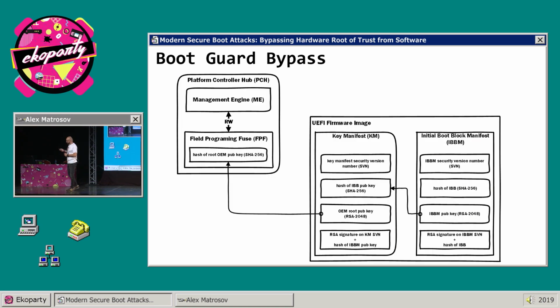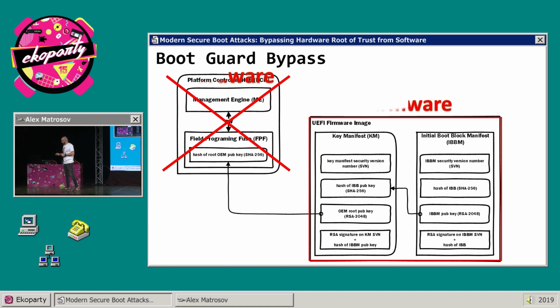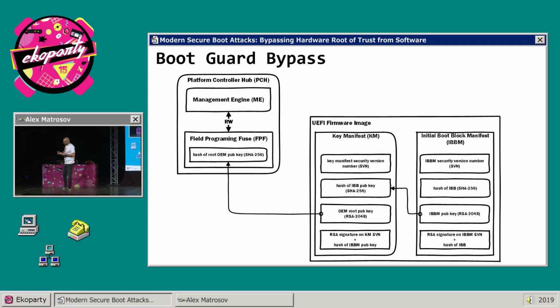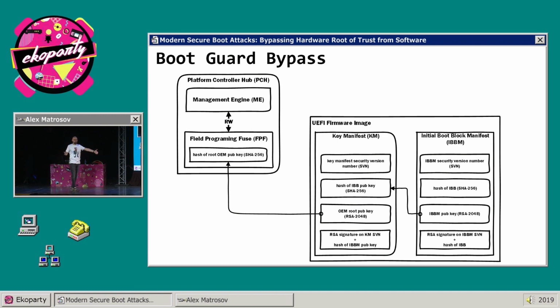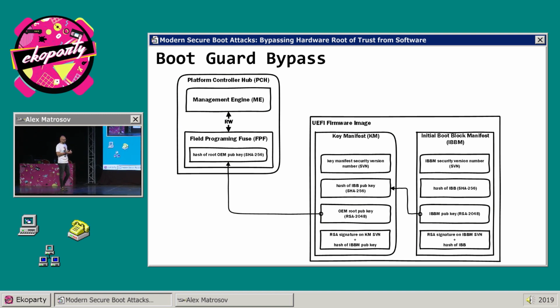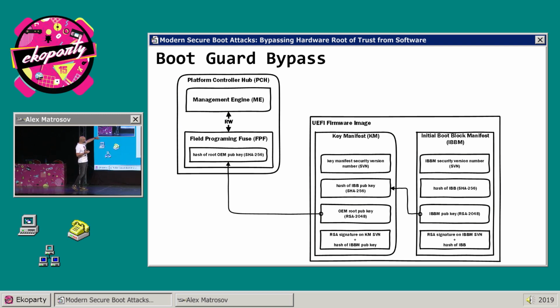But what does that mean? We have two sides of the Boot Guard technology. The first side is baked inside the hardware and locked by the fuse. This fuse holds a hash value which tries to protect the early stages of the boot.